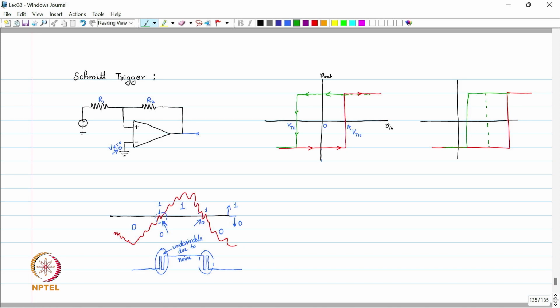This is the midpoint. This is VR. Here this VR is 0. And this is VTL, VTH, and this is VTL.